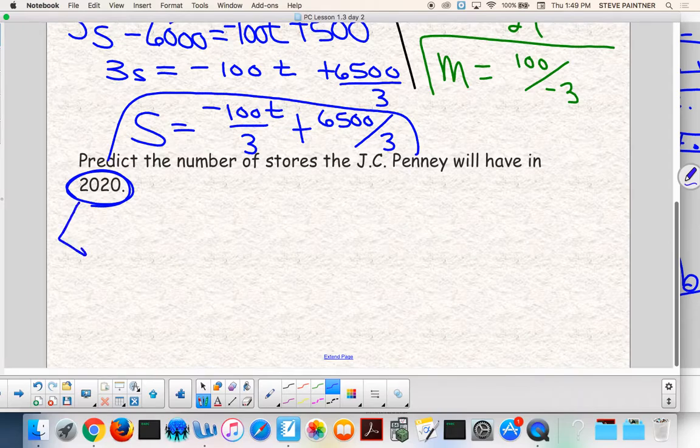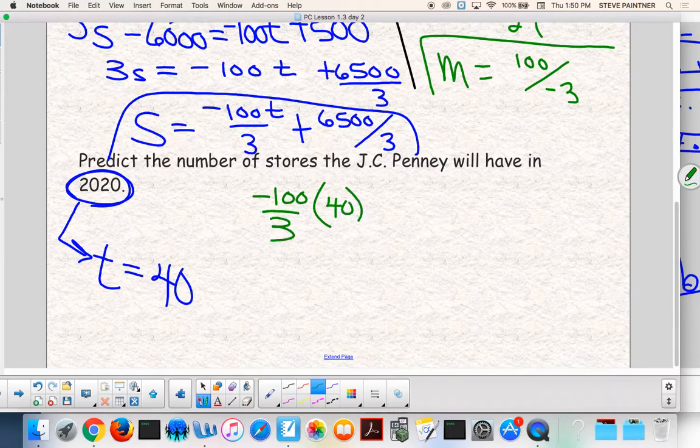No. The year, we said, that's T. It's 40. Yep. 2020 is year 40. It's 40 years after 1980. So you must put that right about here. Okay, like this. Over 3 plus this. And then say that's how many stores JCPenney's will have.